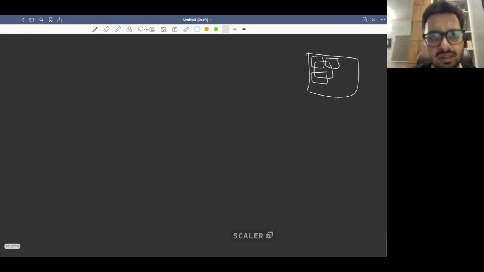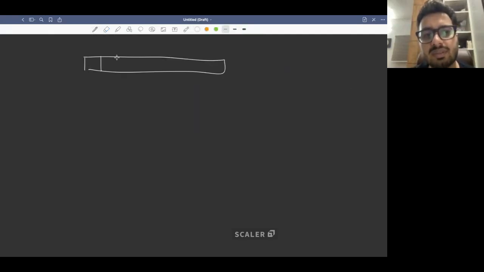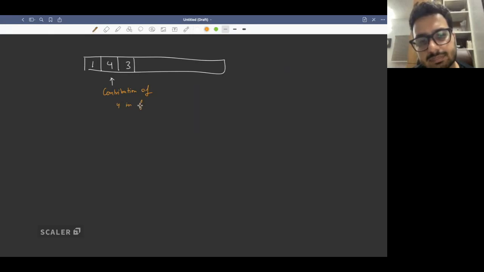Okay. So anyways, maybe you remember or not, but one technique we discussed was we will count how many times each element gets added in the sum. Can I say that if I get to know the contribution of 4 in the final sum, that will make my life easier.